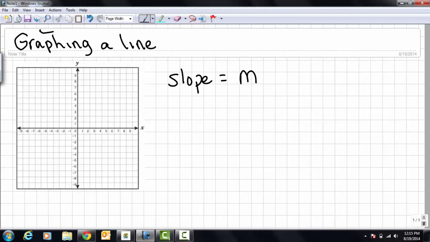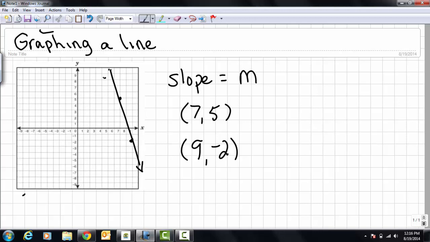When we are calculating the slope, and I'm given 2 points, 7, 5, and we'll say 9, -2. Alright, if I graph this, 7, 5, I go right 7, up 5, right 9, down 2, and I connect them, I can count the spaces.